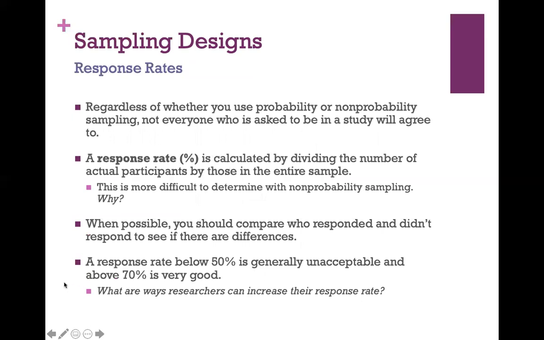Regardless of whether you use probability or non-probability sampling, not everyone who you ask to be in your study will agree to do that. So researchers often want to calculate a response rate by dividing the number of actual participants by those in the entire sample. So how many people that you invited to participate actually did. Now, of course, this is quite difficult to determine with non-probability sampling because you don't have a list of your entire population or your entire sampling frame.